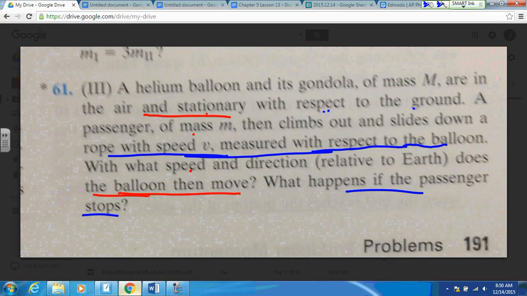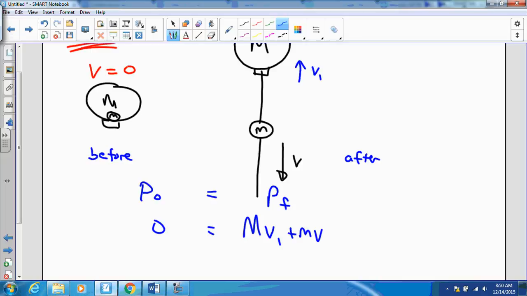With respect to the ground. And now all of a sudden they want to measure it with respect to the balloon. So what is v minus V1? Yeah, exactly, that's right. So what we're going to end up with is a v with respect to the ground instead of with respect to the balloon.